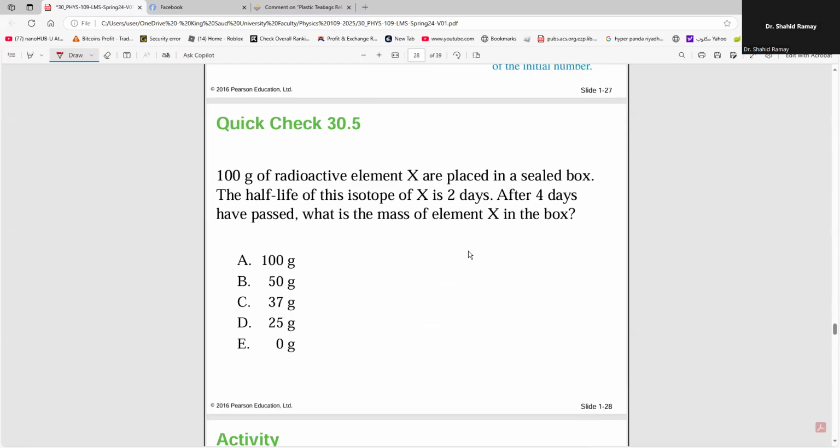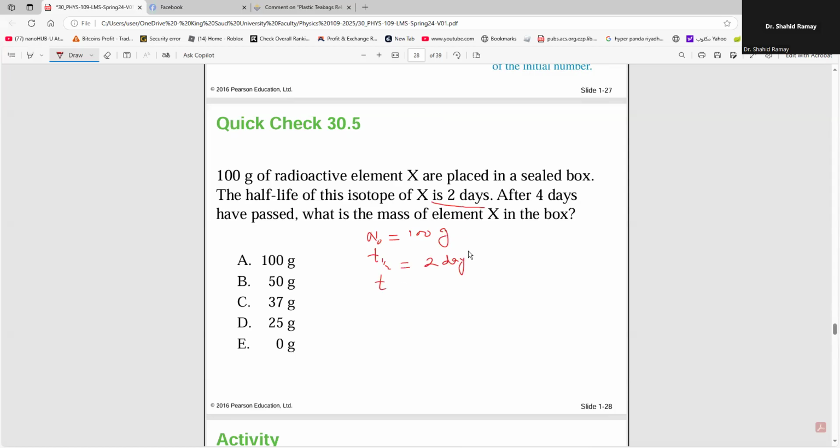So here 100 gram is the N naught value. You can write it as m naught or N naught, but normally we write N naught because we are using the number of nuclei. So the half-life is 2 days, so you can write T half is equal to 2 days.